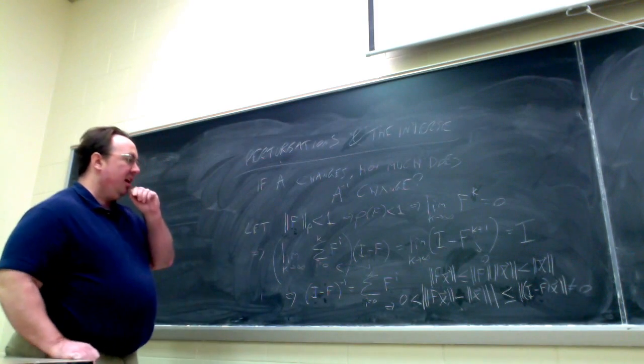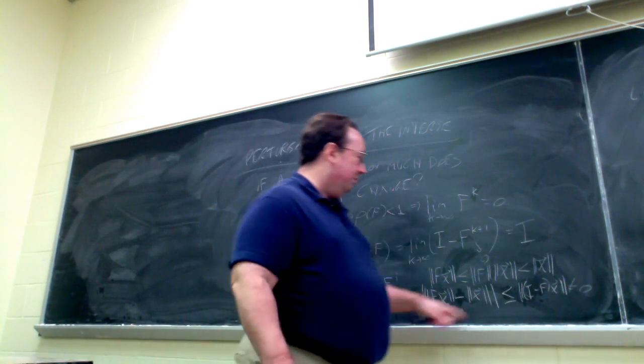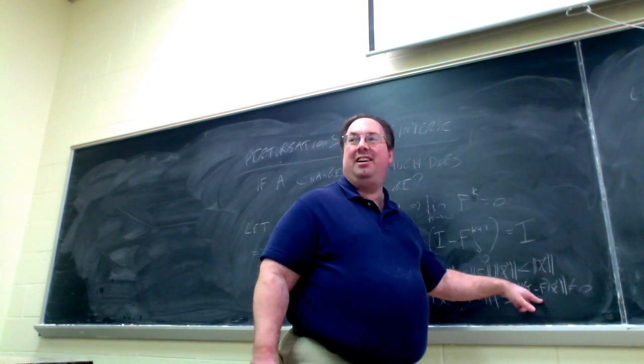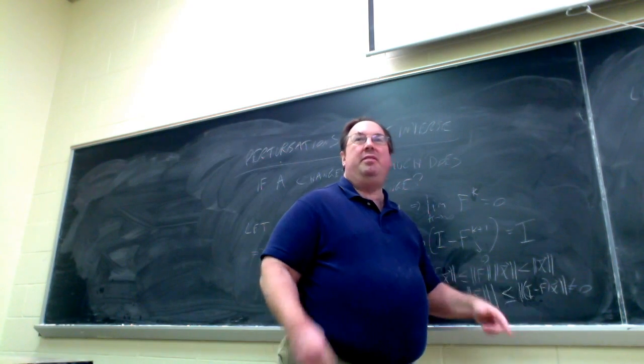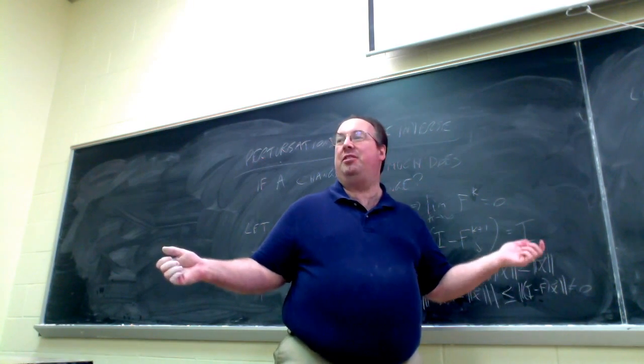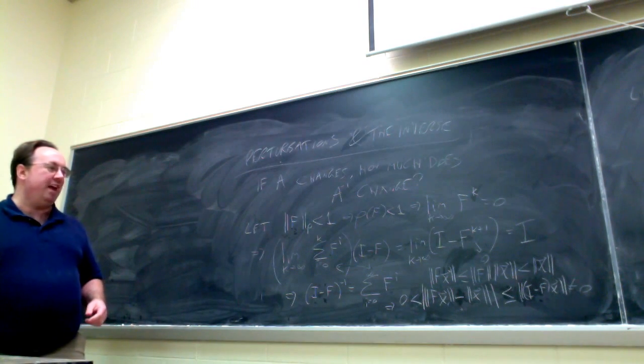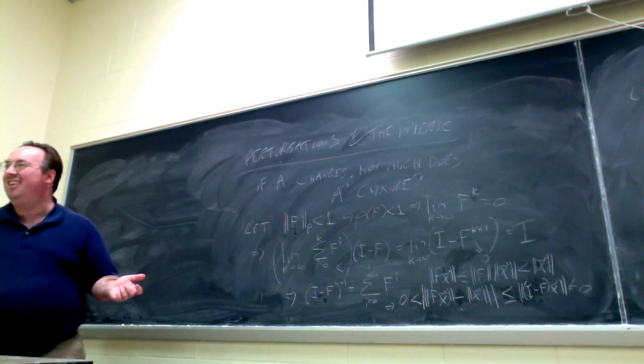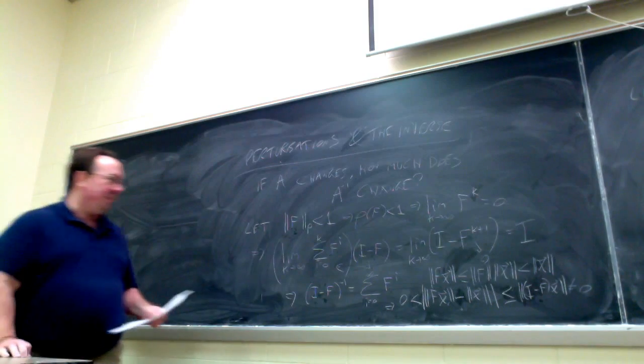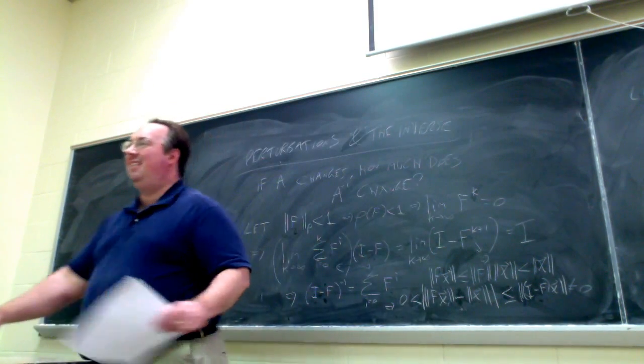Well, it's supposed to be F minus I. Signs don't matter in this because we're taking norms, it's only absolute value. So really what I proved was F minus I is non-singular. I just didn't want to assume that.